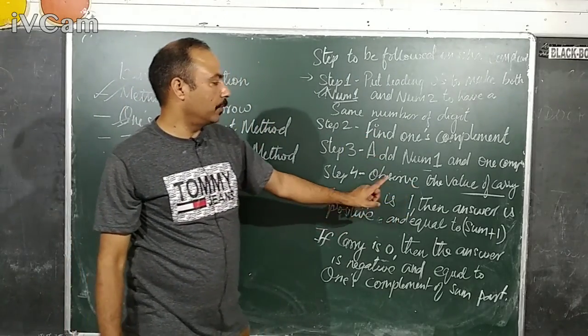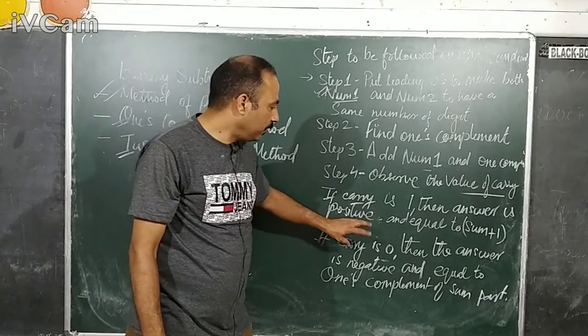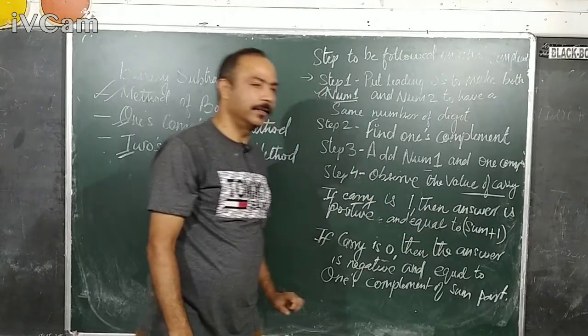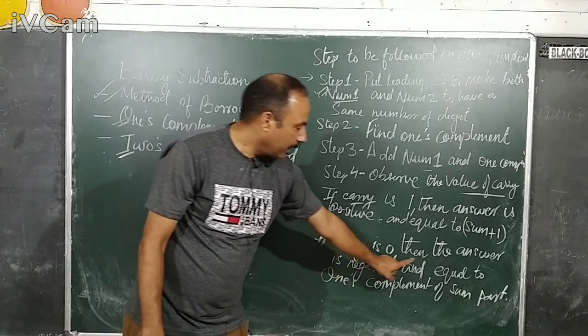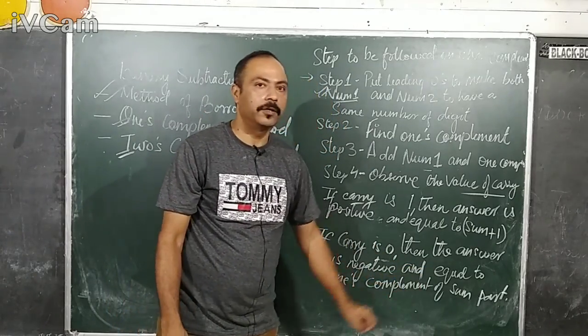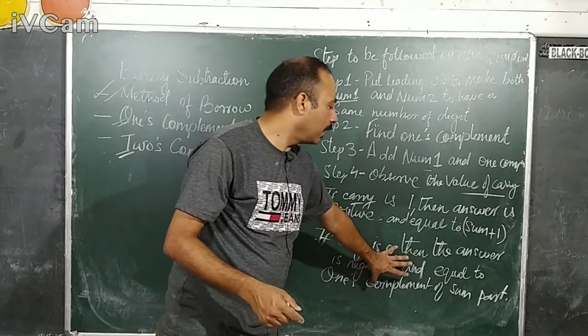If the carry is 1, then the answer is positive, and we need to add 1 to that sum and that will be the answer. If the carry is 0, then the answer is negative and we take the one's complement of the sum.